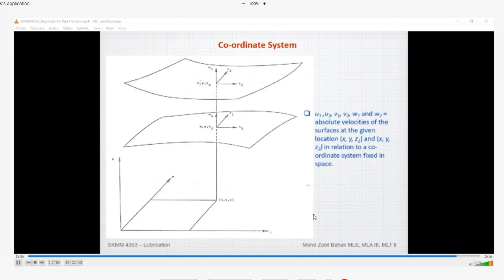Now imagine that we have two surfaces, which is the first layer of the bearing, and this is the top layer of the bearing. Let's say the first layer is at z equal to 1, where the x and y is there.